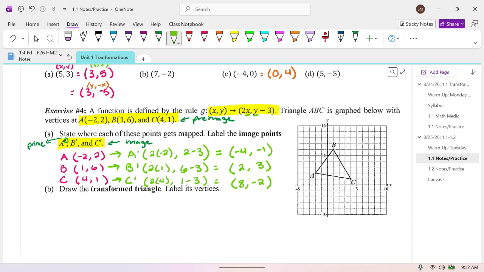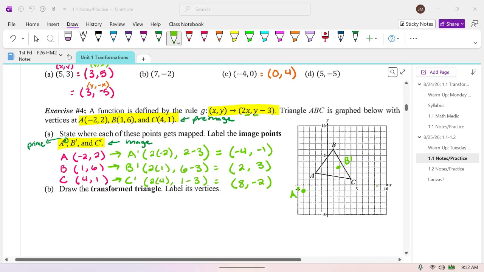So A prime is -4, -1. And remember, if you do not label your points and it was on your test, it's counted wrong. You have to label your points, meaning you got to put the name of it on there. So that's A prime. B prime is at 2, 3. C prime is 8, -2.